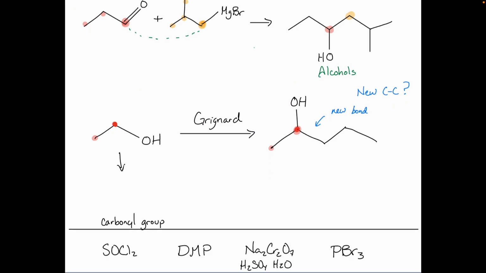That's an oxidation, exactly. DMP. Yeah, so we have two oxidizing agents here. DMP and this one, but remember this sodium dichromate is a strong oxidizer. That would actually give us a carboxylic acid. We want to use the DMP, our weak oxidizer, so that we get a carbonyl group.